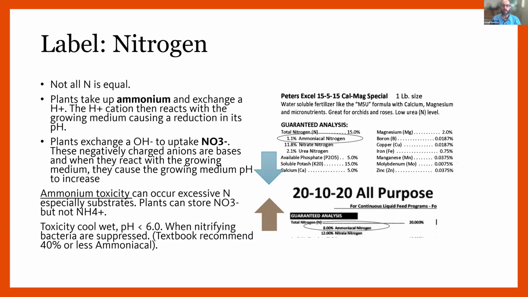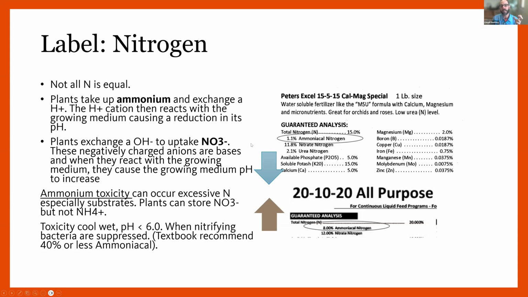One thing to think about too is that not all nitrogen is the same. And so yes, the N is nitrogen, but it's broken up on the bag usually in 2 forms, sometimes 3. And this one shows 3. So that's ammoniacal nitrogen, nitrate nitrogen, and urea nitrogen.